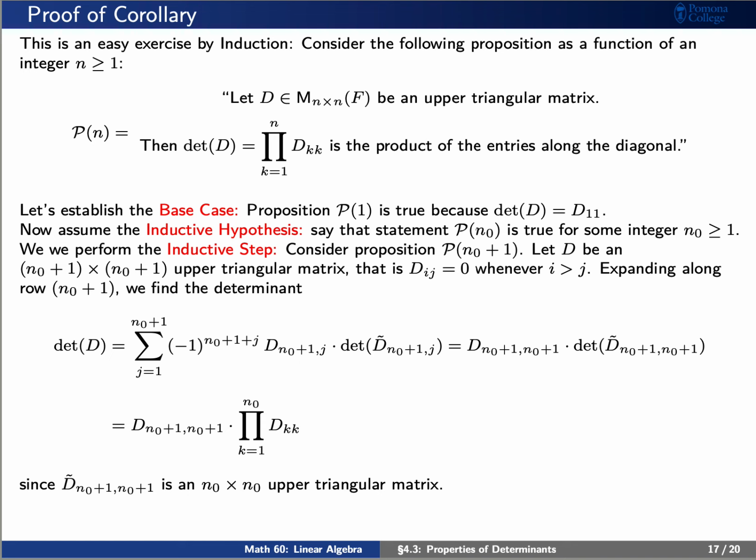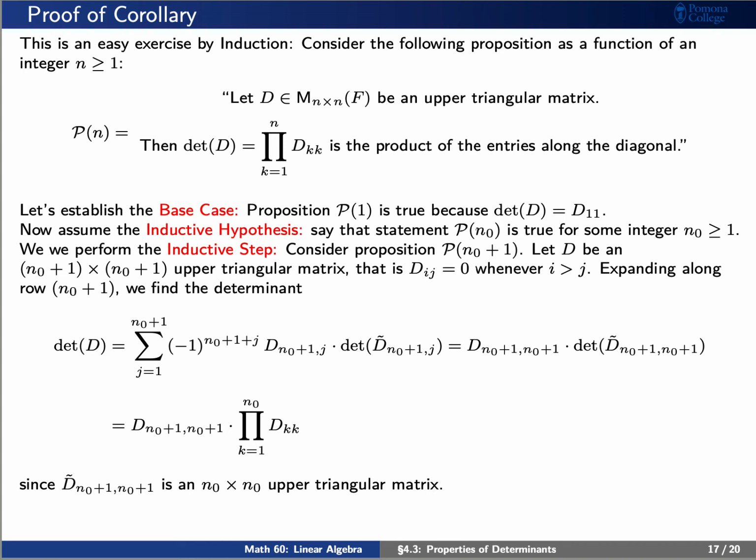This means that almost all of the entries that we have in our sum are 0. That is, D of n0 plus 1 comma j will be equal to 0 unless j is equal to n0 plus 1. So the determinant now is equal to the last entry in the lower right-hand corner, D sub n0 plus 1, n0 plus 1, times the factor matrix D n0 plus 1, n0 plus 1, tilde.